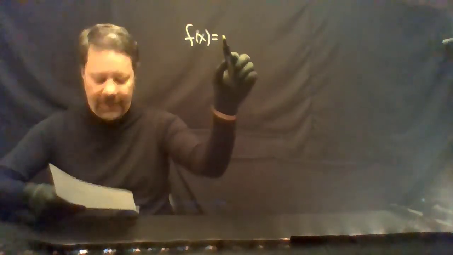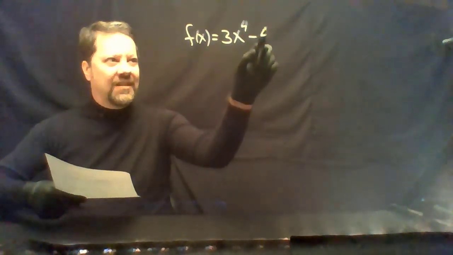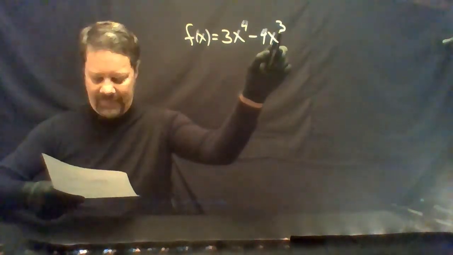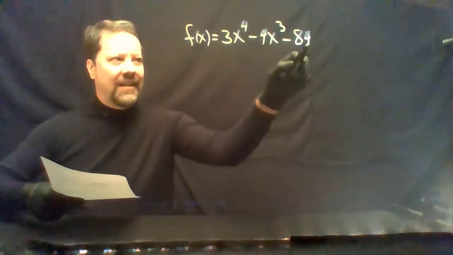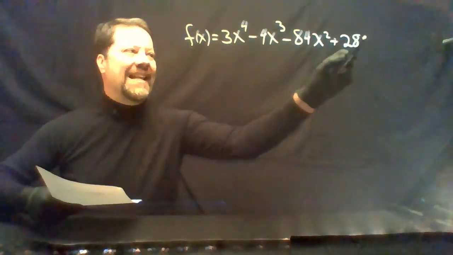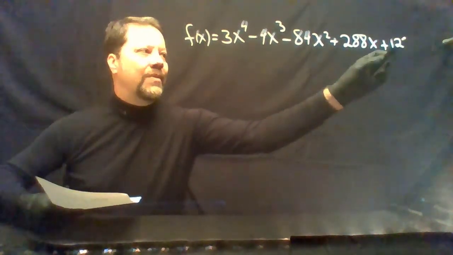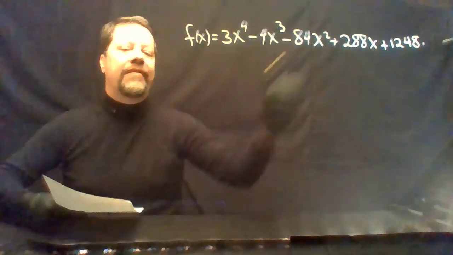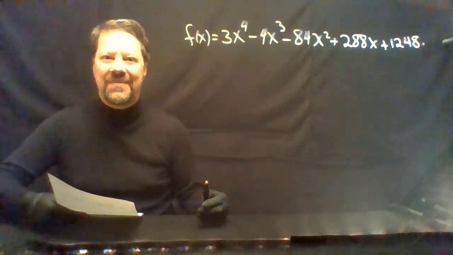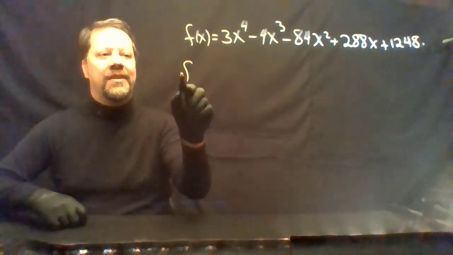On problem 7, I want you to find where the following function, 3x to the fourth minus 4x cubed minus 84x squared plus 288x plus 1248, where it has derivative equal to 0. Our first step is to calculate the derivative.